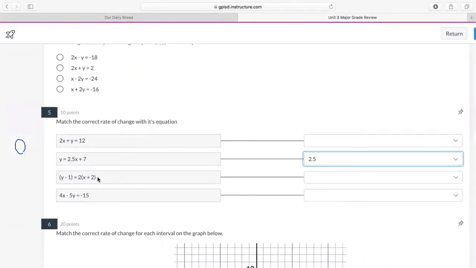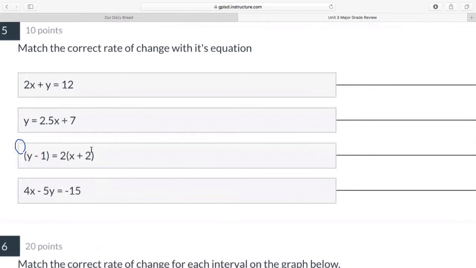All right, this third one. What is the slope of this one? 2. 2, thank you. The slope is 2. This is in the form of y minus y1 equals m times x minus x1. 2 is in the place of m. So 2 is your slope. Switch them around.